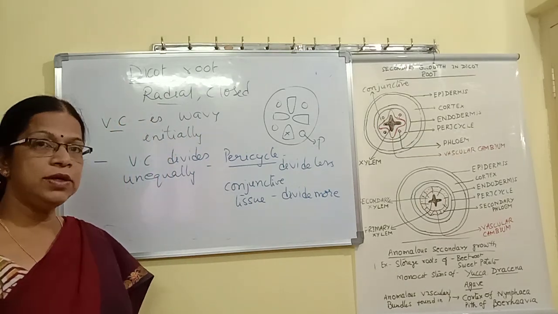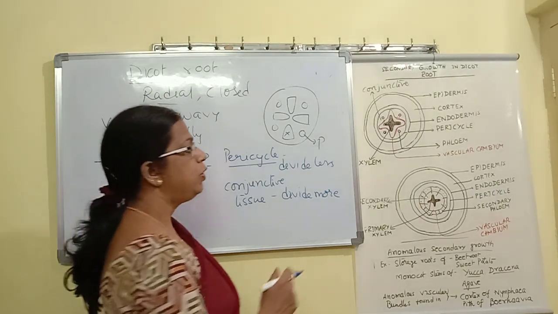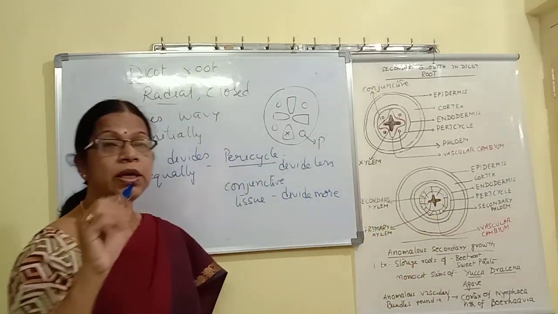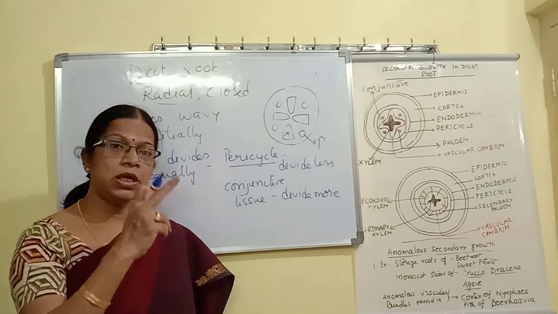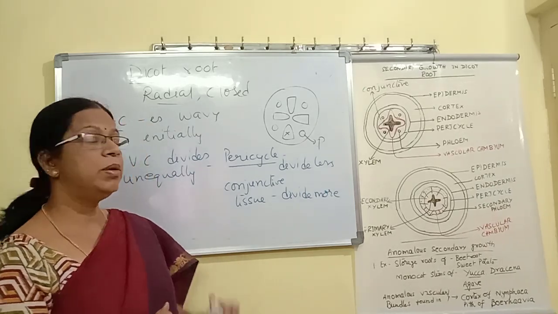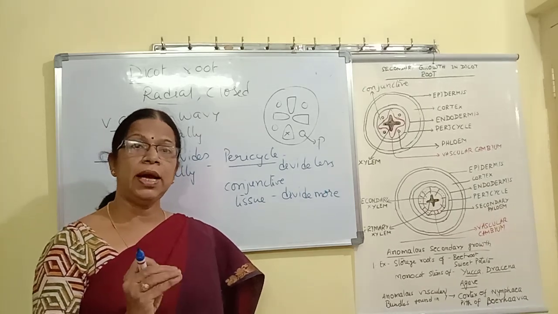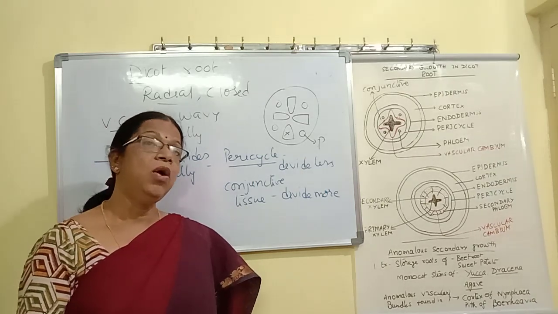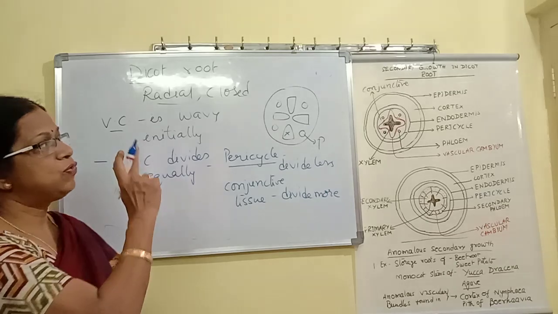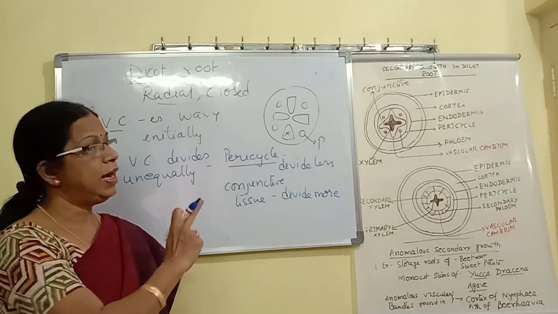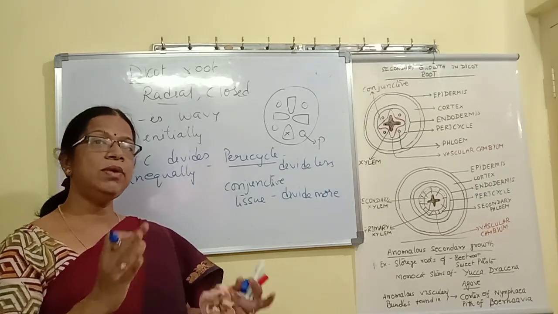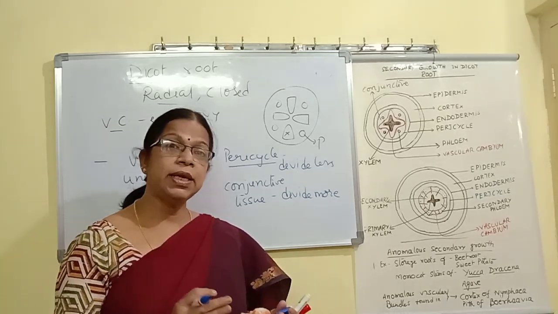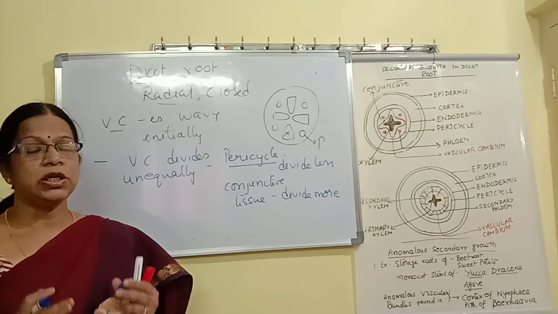Because of this unequal division, in the next diagram we find the vascular cambium becomes circular in outline. Why it is wavy, we also discussed: because it is formed from the pericycle and conjunctive tissue, and the positions of these tissues give the wavy appearance.